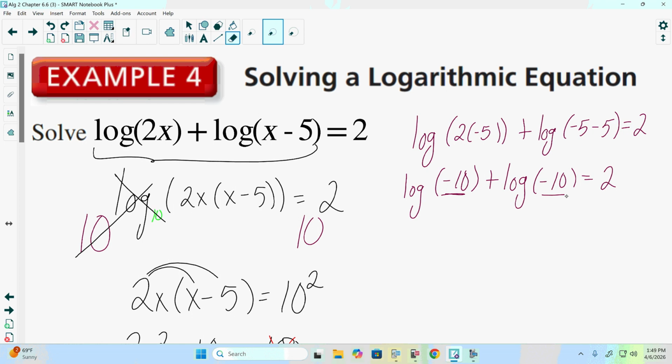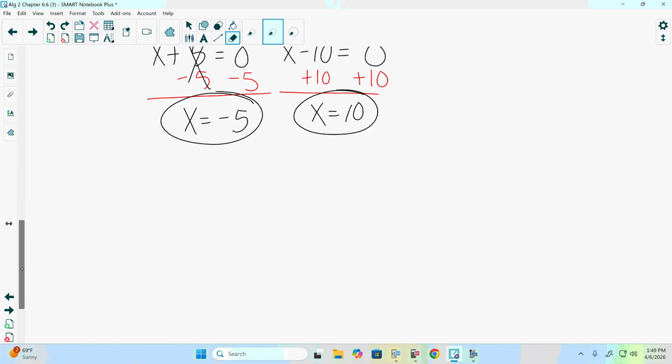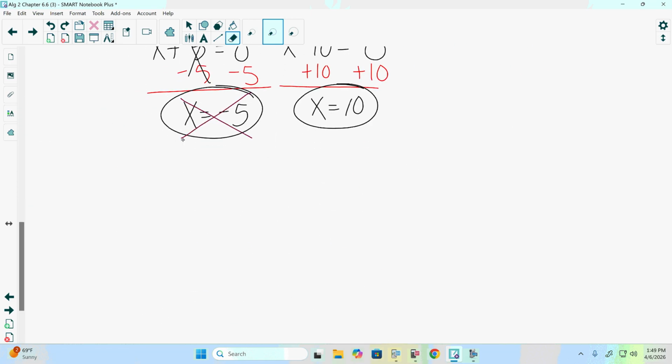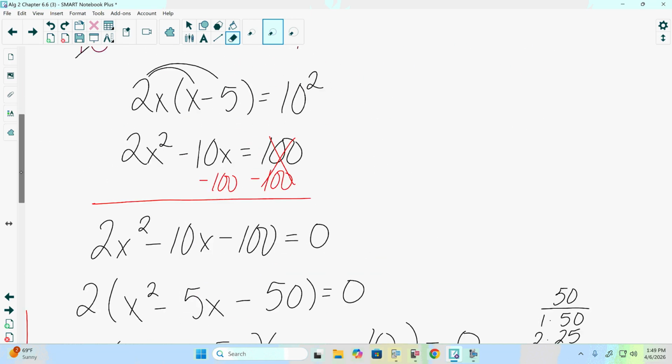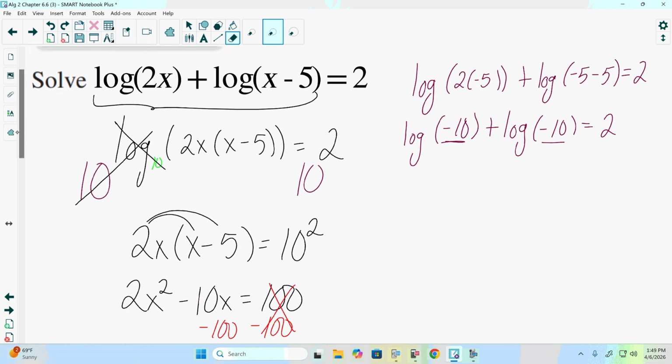Negative 5 is thrown out, not so much because x equals negative 5, but because when we plug it into the original problem, in those two spots, we get log of a negative. It's an extraneous solution. Now I can do the exact same thing. I'm just going to erase instead of rewriting the whole thing. Because I can also check when x is positive 10.